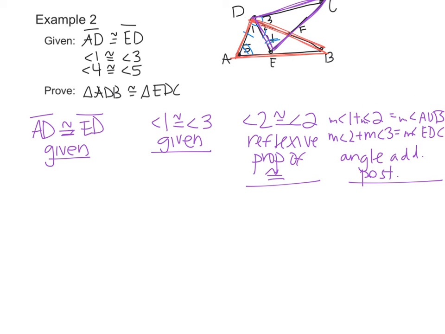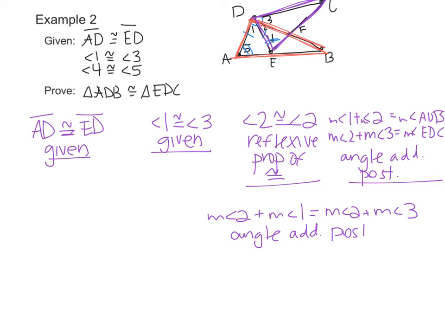Now if I use the pieces of information that I know here, all of this helps me to see that the measure of angle 2 plus the measure of angle 1 equals the measure of angle 2 plus the measure of angle 3. Again, we can see that because of this piece of information here. That's again the angle addition postulate.